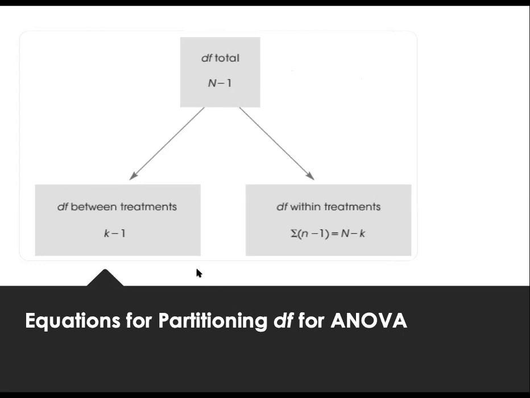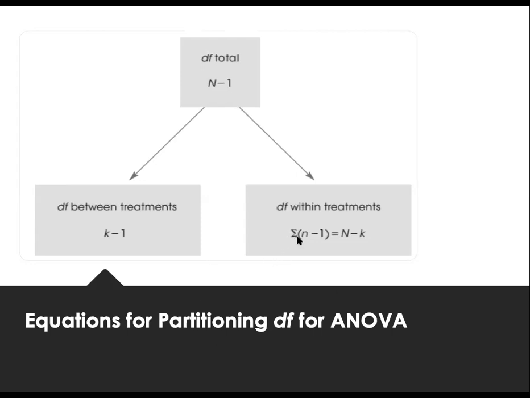Now, degrees of freedom within treatments. When we did sum of squares within treatments, we found the sum of squares for each treatment or level, and we added them up. And when we did that, each sum of squares has an n minus 1 degrees of freedom. So we'll just add those up, right?